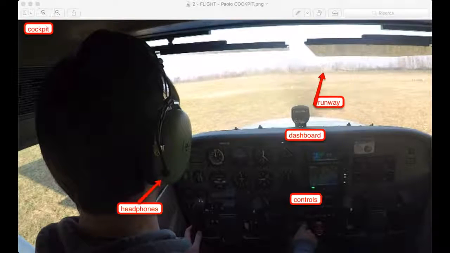And at the front, you can see we're pointing towards the runway. The runway, in this case, is grass, but in any case, it's the road, so to speak, from which an airplane takes off.